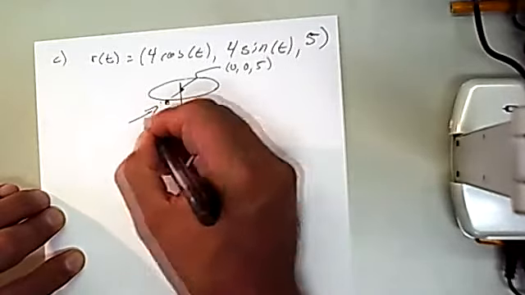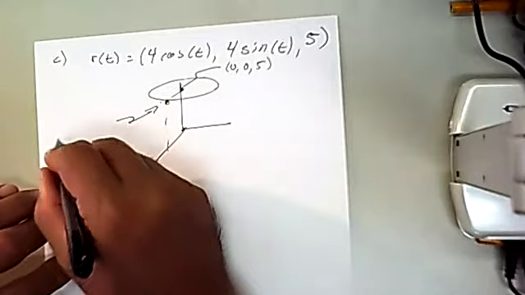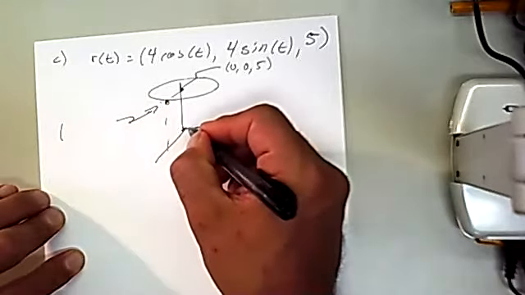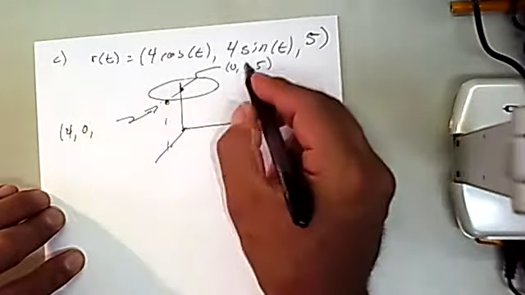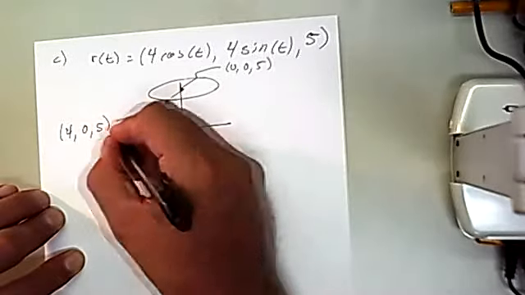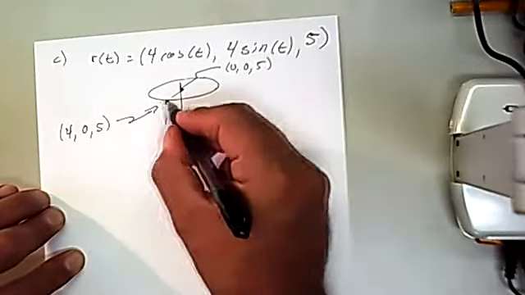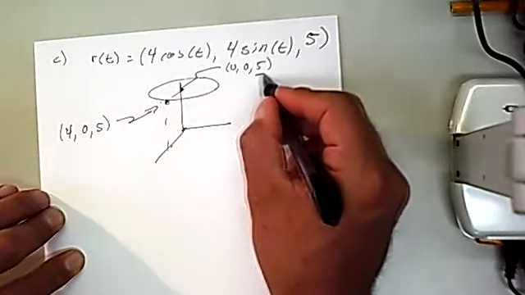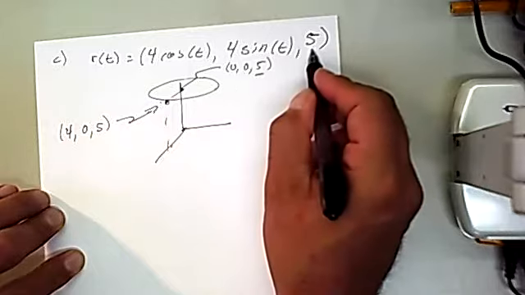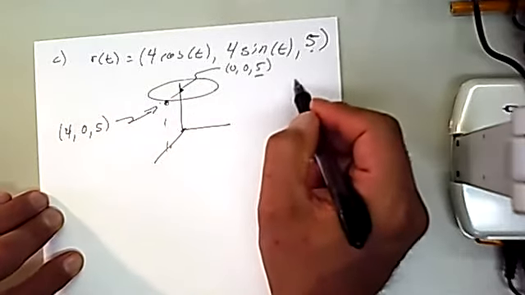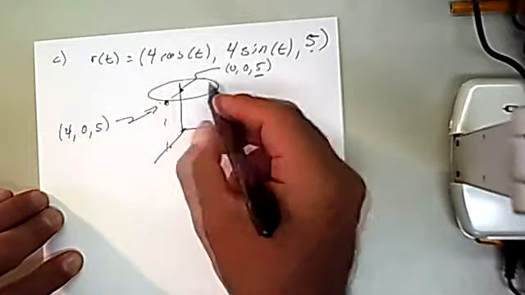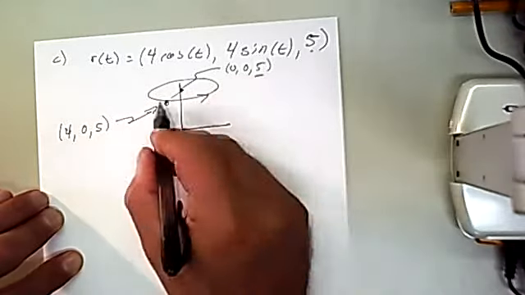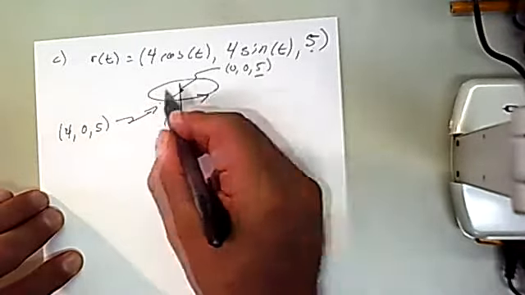So this point will be 4 units this way, 0 units, and 5 units up. All of the points are going to have a 5 on the z coordinate because the 5 is fixed at the outset of the function. And then we go in this direction. So we're going to be going around this way.